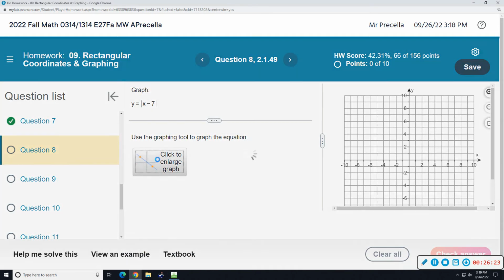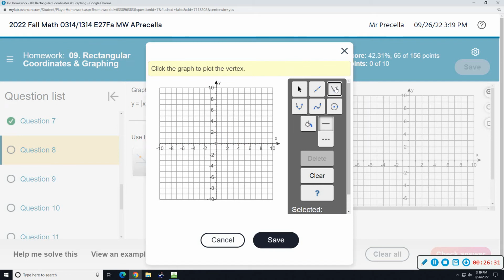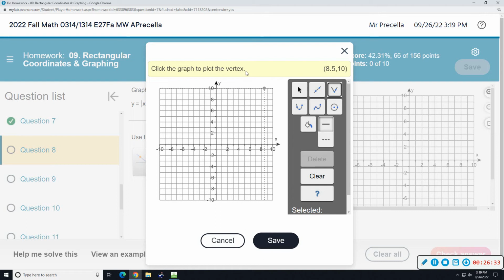So we click the graph to enlarge it. We have the absolute value tool. And you plot the vertex first. That was 7, 0. Was that it? Yes. Oh, and now they want the other one. The second one, 5, 2. This mouse is very touchy. Is that what I wanted?